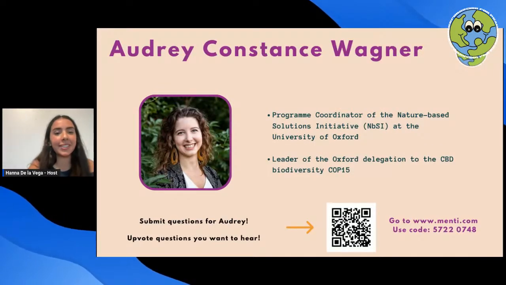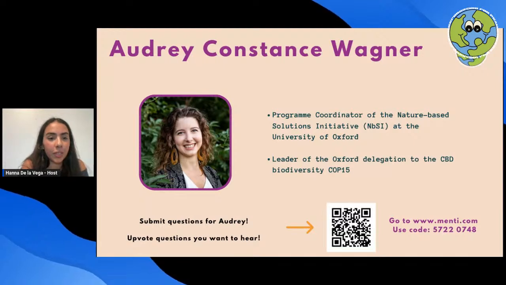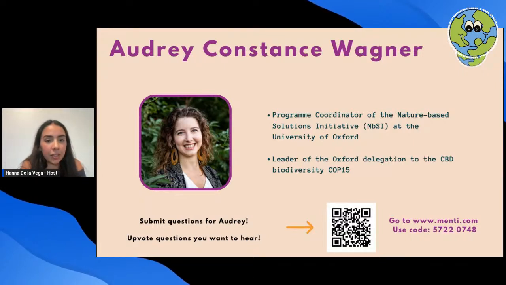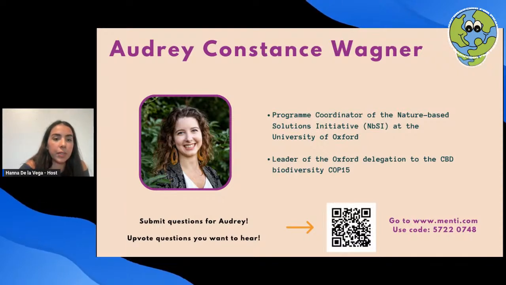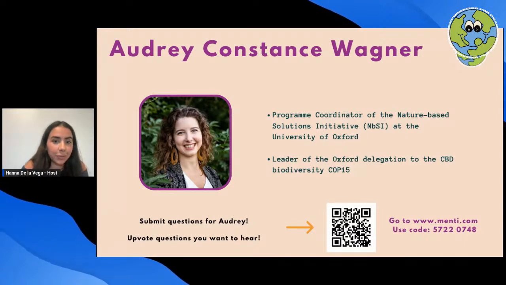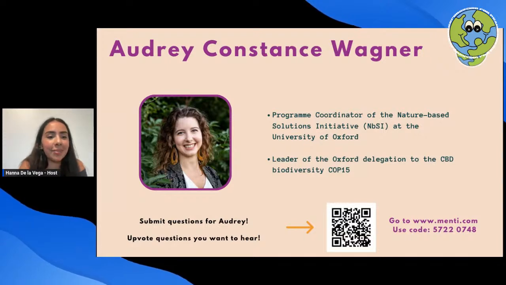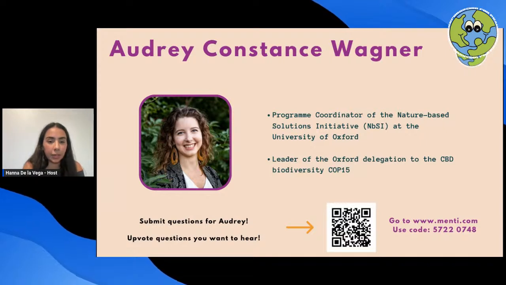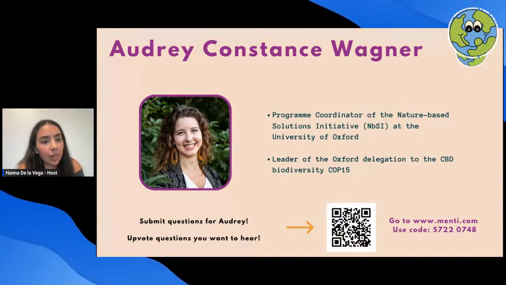Andre Wagner is an expert on nature-based solutions focusing on the intersection of climate adaptation, climate mitigation, biodiversity, and human well-being. She is a program coordinator of the Nature-Based Solutions Initiative at the University of Oxford and has worked there for over 2 years on nature-based solutions, case studies, and climate and biodiversity in international policy agreements. Andre led the Oxford delegation to CBD biodiversity COP15, as well as participating in COP27 and COP28 on climate change.